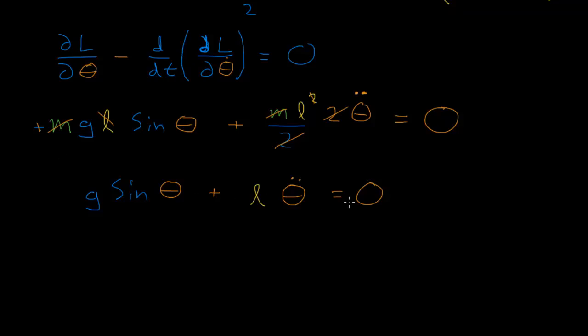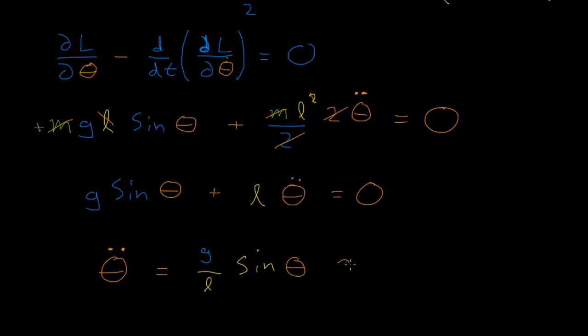If you remember the equation of motion for a pendulum, we get this theta double dot, which is like the acceleration, equal to negative g over l times the sine of theta. If we want, we can restrict this to small angles, so sine theta is approximately equal to theta for small angles.